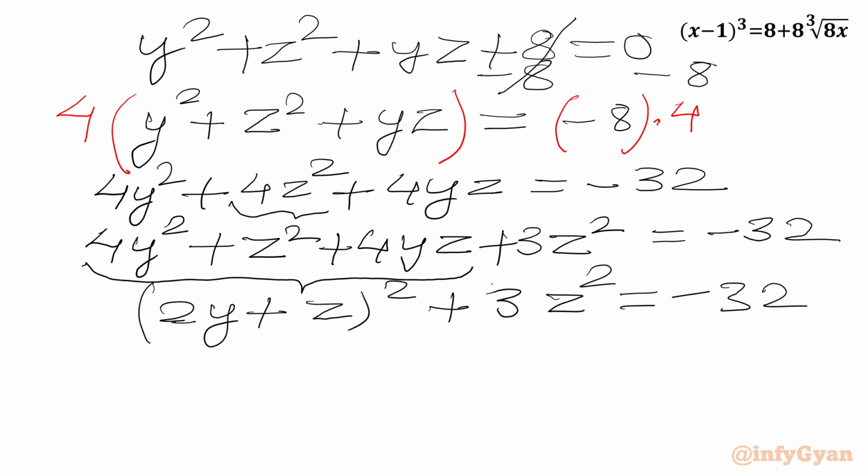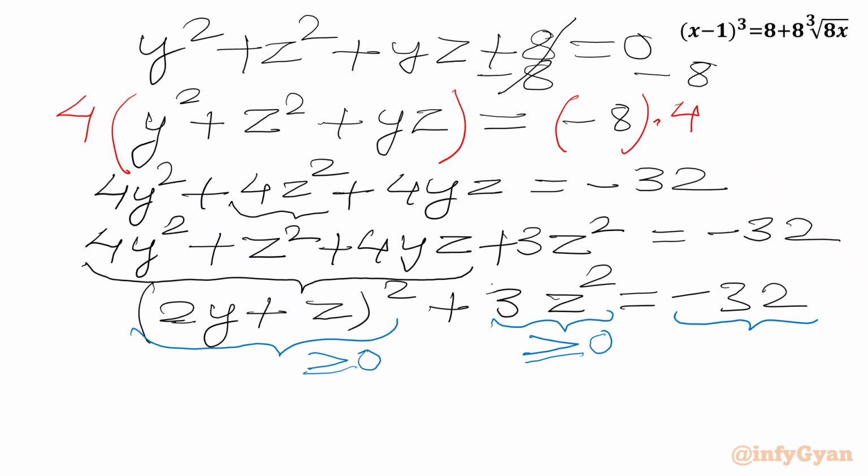Now we know that a square must be a non-negative quantity. So here we will be writing should be greater than or equal to 0. Here we will be writing should be greater than or equal to 0. The sum of two numbers which are greater than or equal to 0 is getting equal to a negative number.